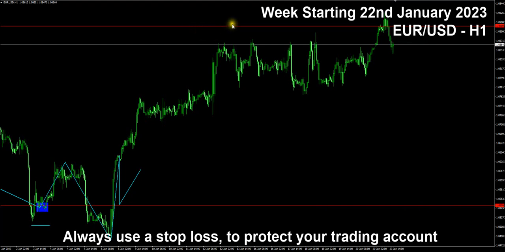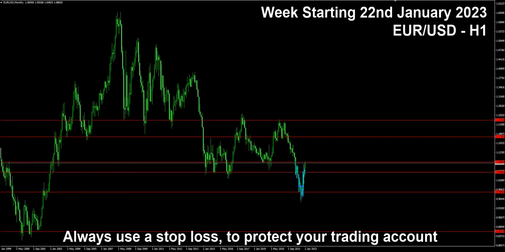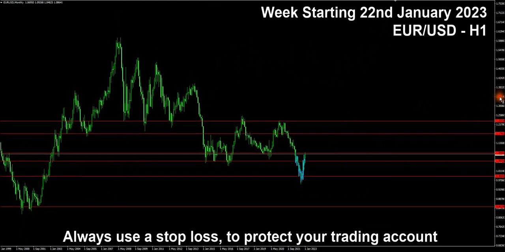So firstly then, these red lines are taken from the monthly chart. If we go to the monthly chart here, you'll see that I've got quite a few lines on the EURUSD. The reason why I put these lines where I do is that when you look at a chart like this, you can see clusters of candles.